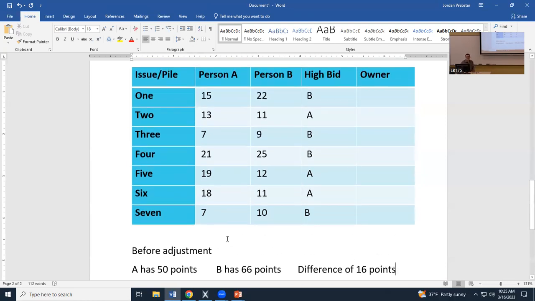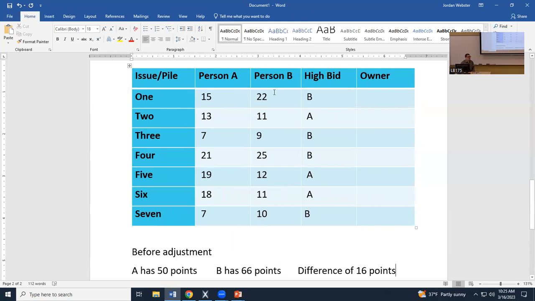So I look up and say, is there one or two items that I could exchange, take away from B because B is higher, and give to A because A is lower, that would exchange 16 points.